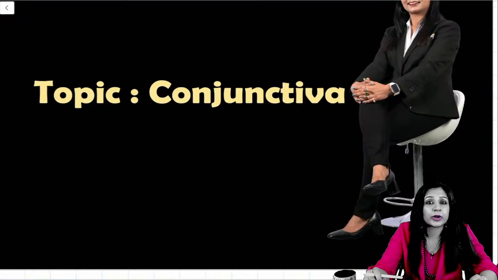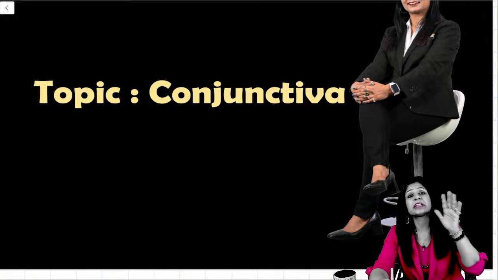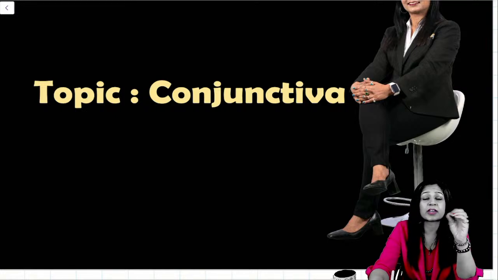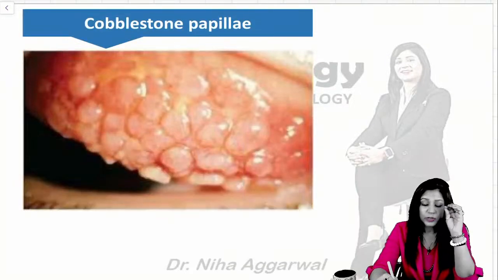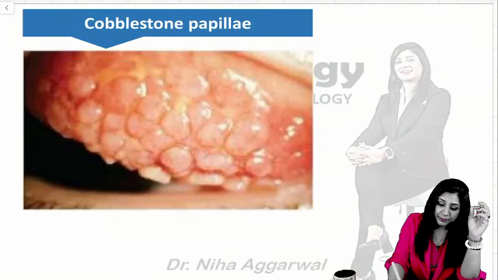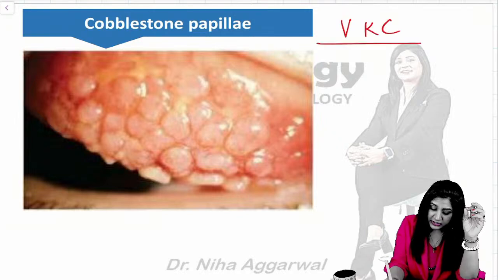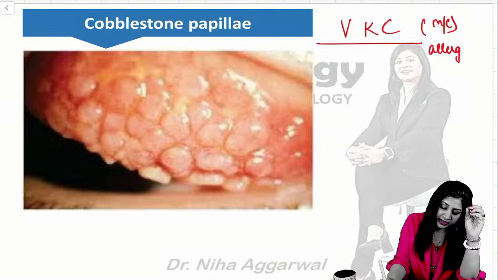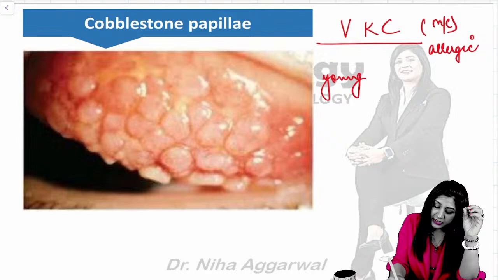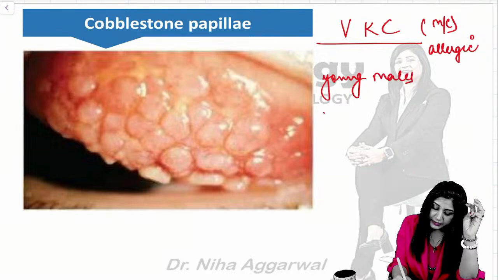Now, some of the important topics of the conjunctiva. One or more pictures of the conjunctiva are always asked repeatedly, and one of them is this. You cannot have a paper without this. This is your vernal keratoconjunctivitis, which is actually the most common allergic conjunctivitis. And this is typically present in the young males with the type 1 hypersensitivity reaction.